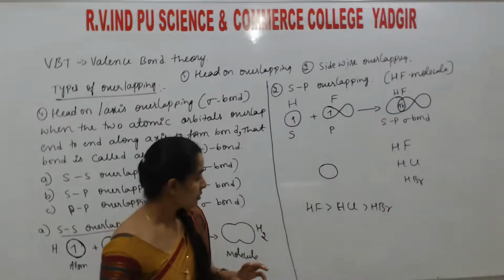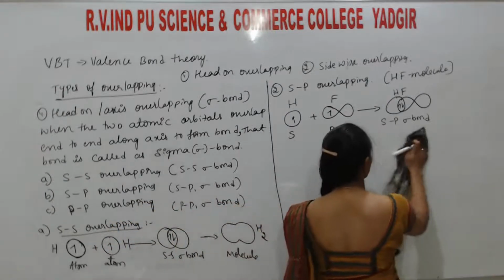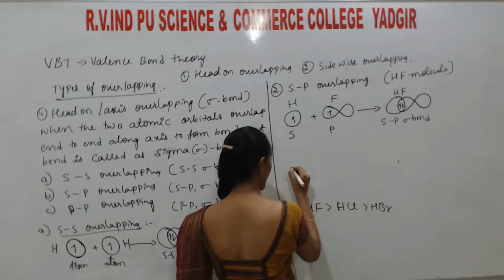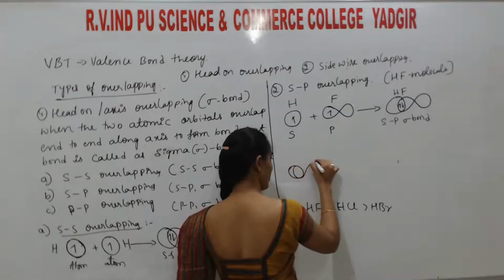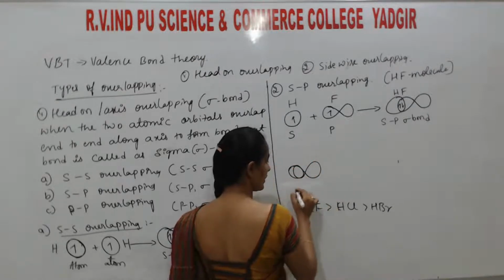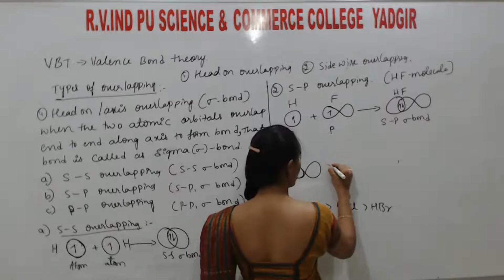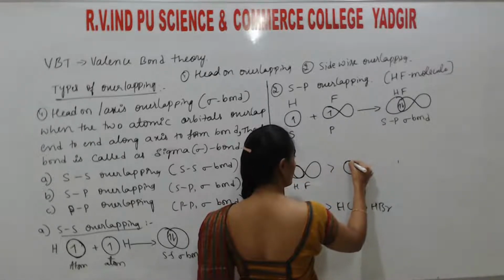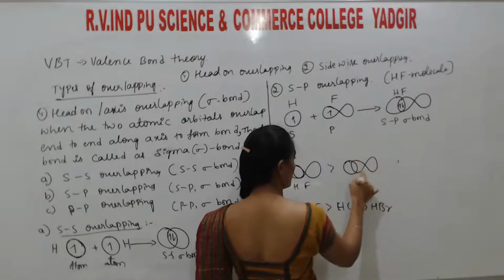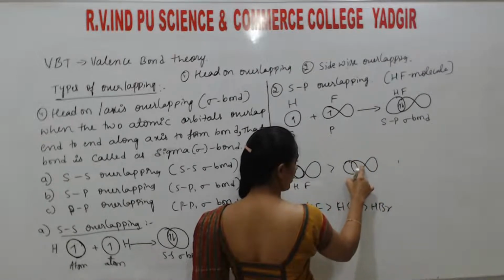I'll show you. If we consider HF, this is H, this is F, so overlapping is greater. Next, this is H, this is Cl, here only somewhat overlapping takes place.